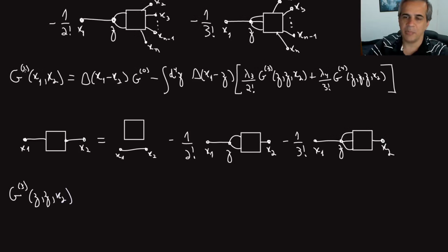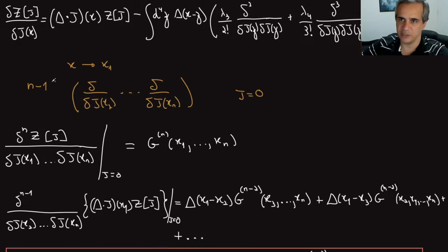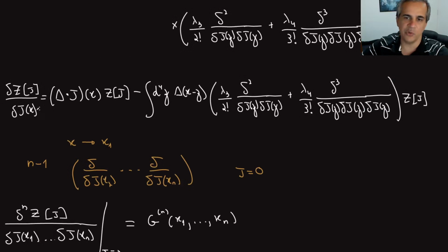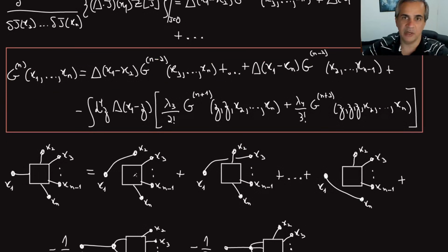Now, in this equation, I chose x1 to be that special point that appears everywhere in the propagators, right? But I could have chosen x2. This is symmetric, right? I could write the same Dyson-Schwinger equation for x2. I just have to go back when I was proving this equation and call this x2 and do the same for everything else. So I could take any point to be that special one. In fact, that shows there's nothing special about it.